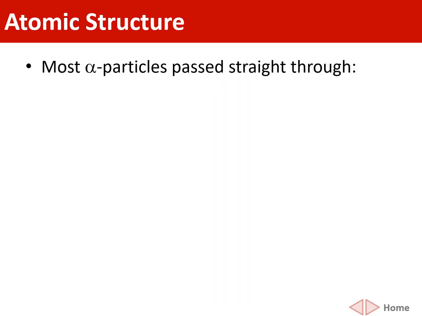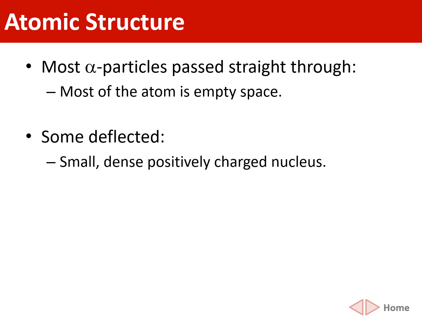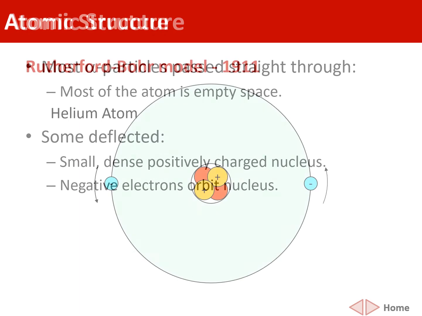So most alpha particles passed straight through. What did that mean? That most of the atom was empty space. Some were deflected, meant that there had to be a small, dense, positively charged nucleus. And because the atom was neutral, it meant that the negative electrons were orbiting the nucleus, a bit like a solar system.